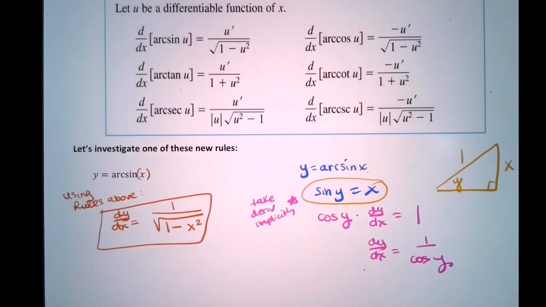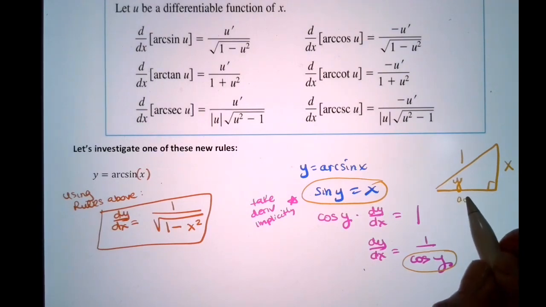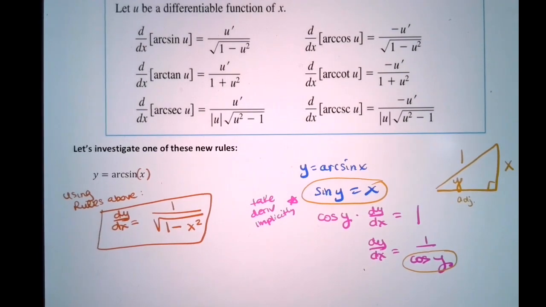Let's get an equivalent expression for cosine of y. This is why we need to have that prerequisite skill, right? In order to do the cosine of y, I need it to be adjacent over hypotenuse. I need to know what that adjacent side is. And I can do it because I know that the adjacent squared plus the other leg, x squared, equals the hypotenuse squared.